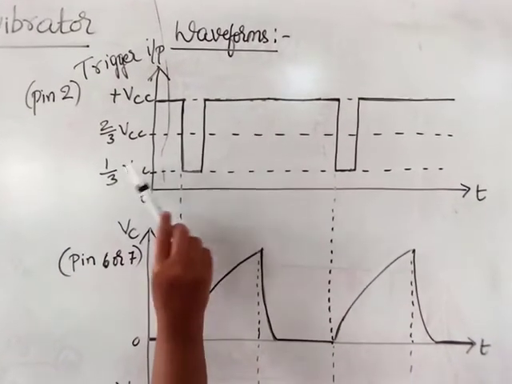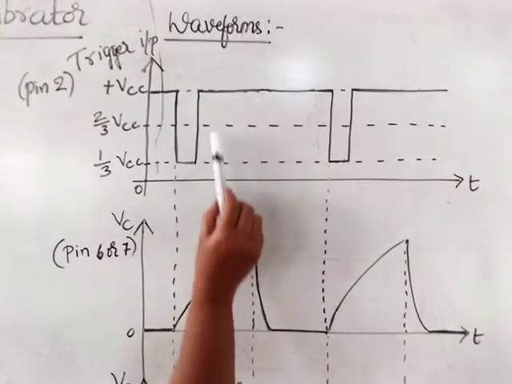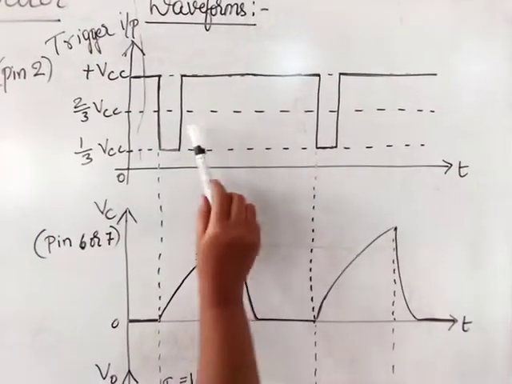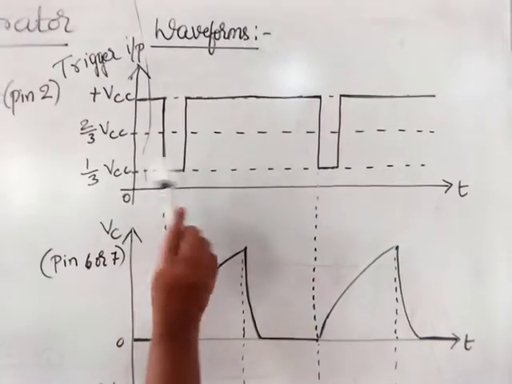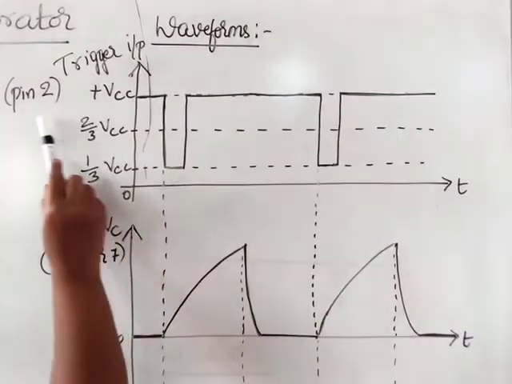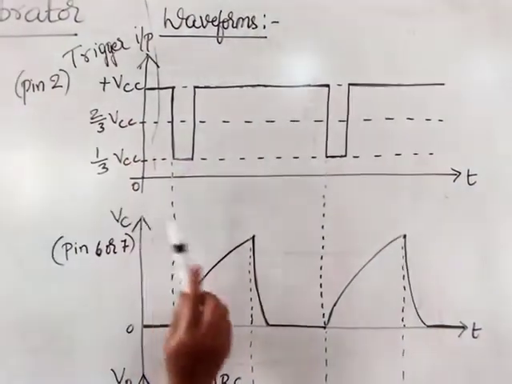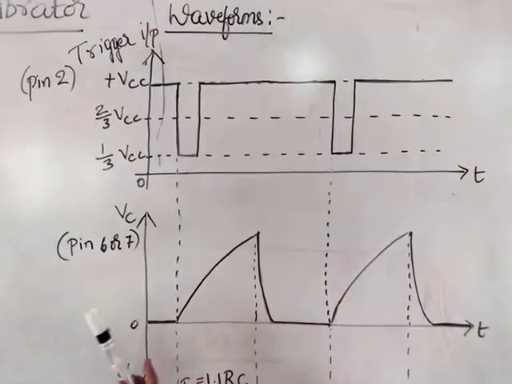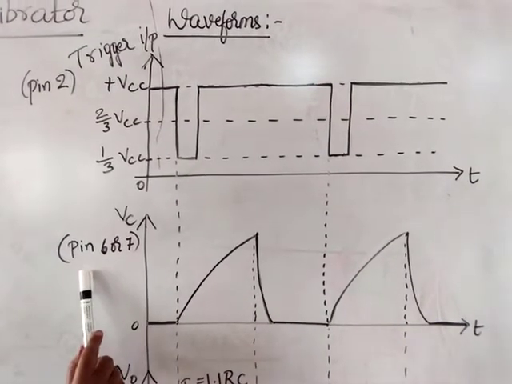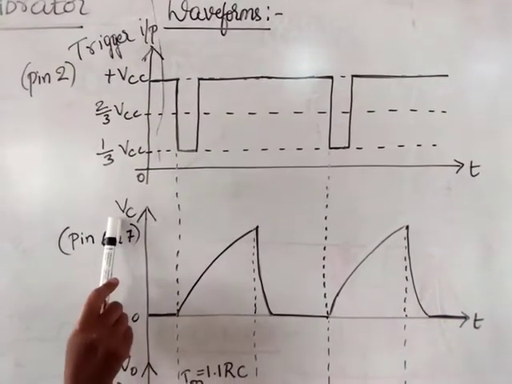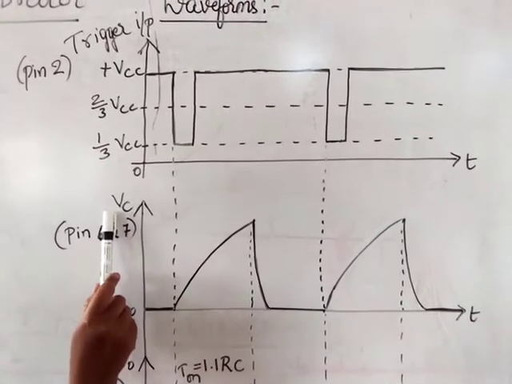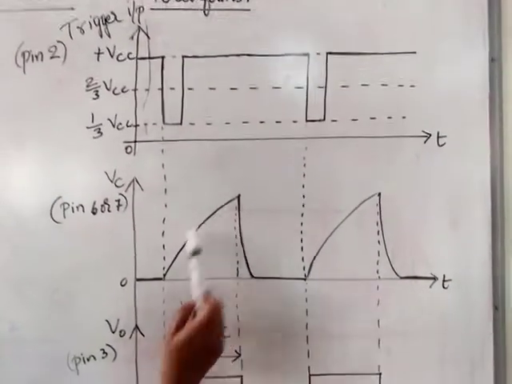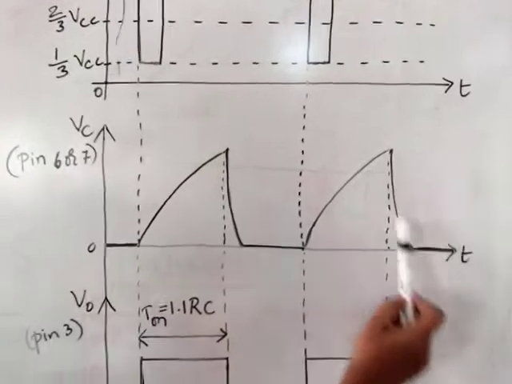Depending upon the values of R and C, the amplitude will be automatically set in the circuit. At pin number 2 we are providing this trigger input. Then at pin number 6 or 7 we can observe the capacitor voltage, which will be like this.